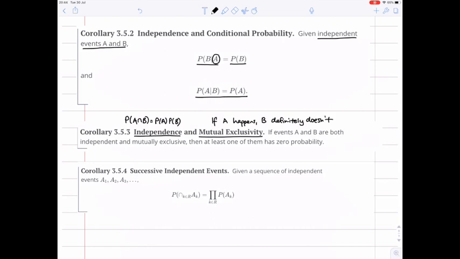So what does that mean? Well, suppose we have events A and B that are both independent, so this is true, and mutually exclusive, so that this is true, then we can conclude that at least one of them has zero probability. So take a moment to see if you can figure it out.